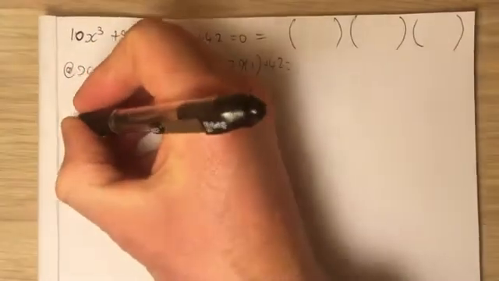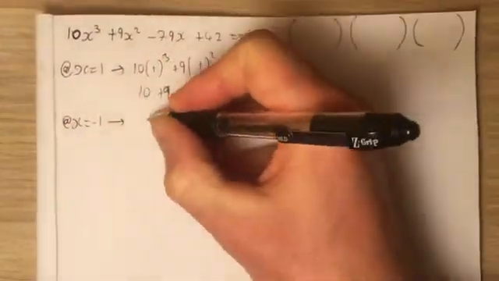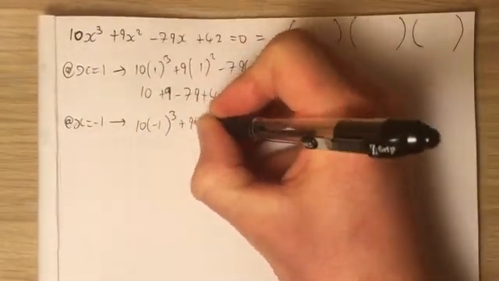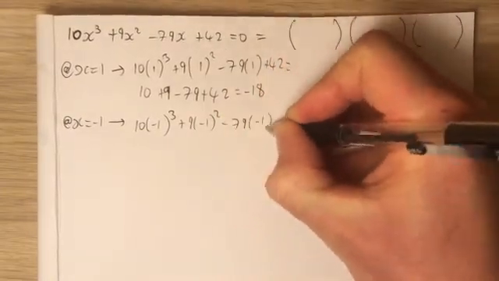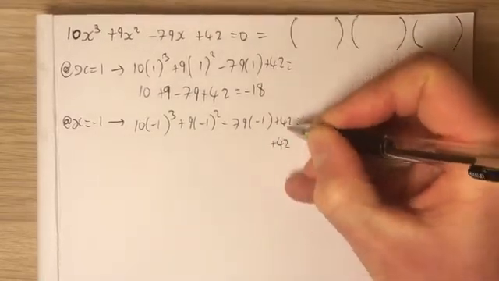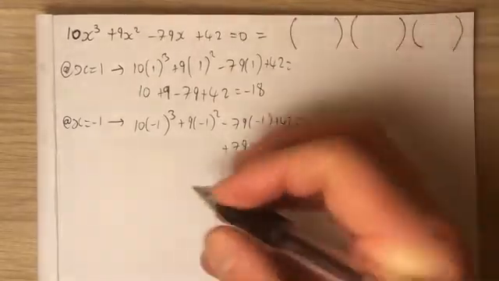Okay, let's try something else. Let's try x equals negative 1. See what I get. 10 lots of negative 1 cubed plus 9 lots of negative 1 squared minus 79 times negative 1 plus 42. So that's 42. A negative times a negative is a positive 79.